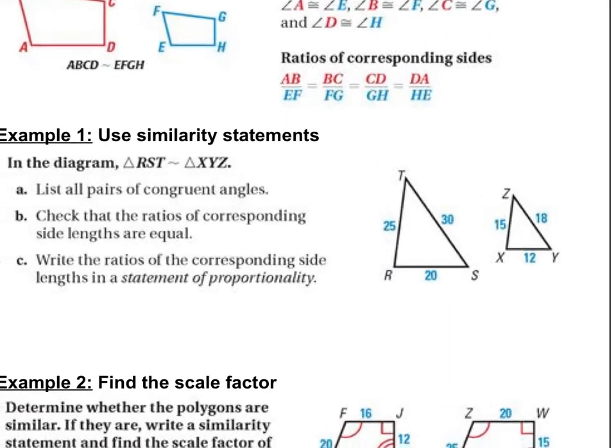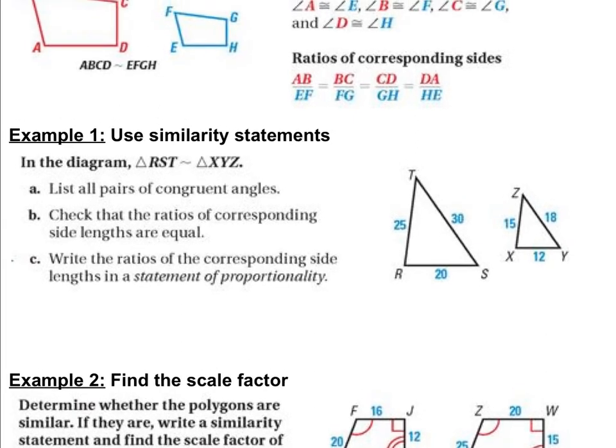In example 1, we are being told this little symbol right here means similar. So triangle RST is similar to triangle XYZ. The first thing I want us to do is to list all pairs of congruent angles.